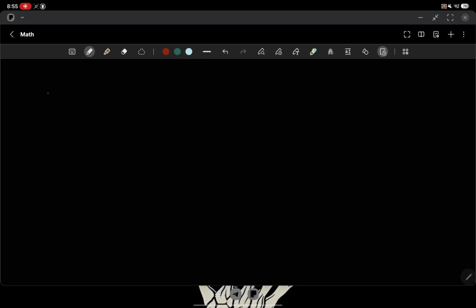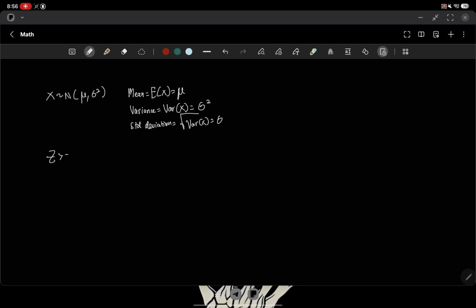So the normal distribution would be as such, where the mean is E(X) equal to this, and then we have the variance, and then we have the standard deviation, then we have this little guy.